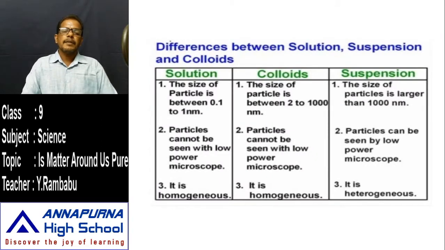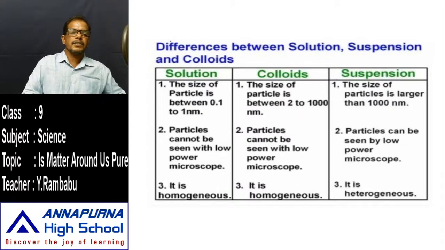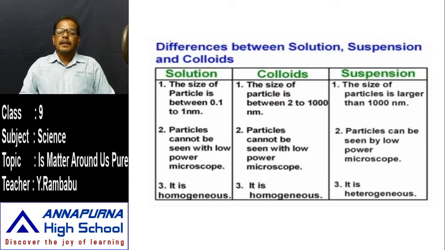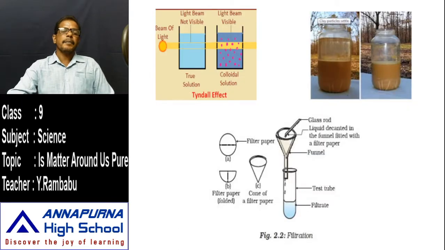Then what about the size of the particles in a colloid? The size of the particles in a colloid is between 2 to 1000 nanometer. 2 to 1000 nanometer means its size is intermediate between the size of true solutions and the size of suspensions. That's why the particles in colloids are not visible, but the size of the particles is enough to scatter the beam of light.